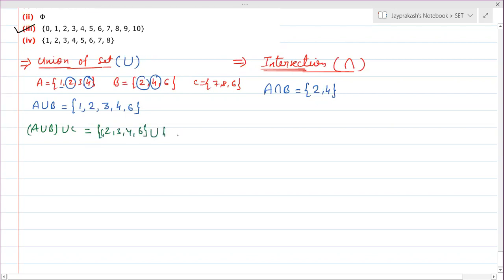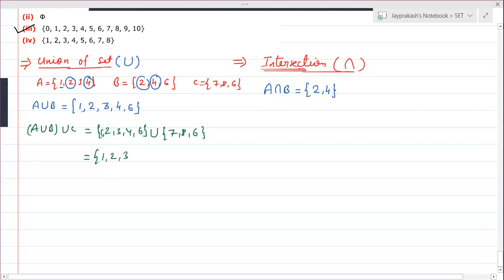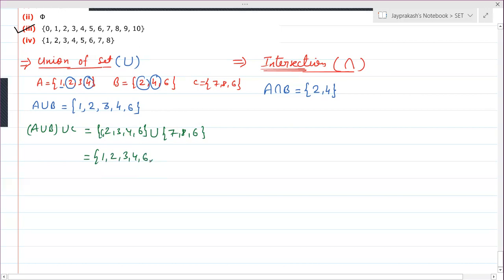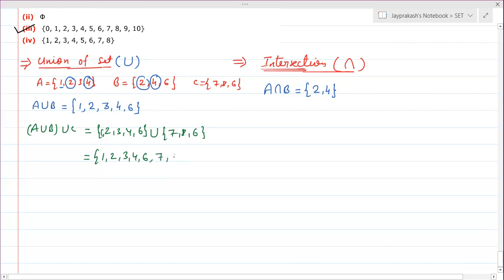Then union with C. C means 7, 8, 6. As you know, all the elements you have to write whether it is in A or in B. If it is repeating, then you write it as a single number. So 1, 2, 3, 4, 5 is not inside both sets, so 5 is not there. 6 is repeating, but we will write it one time. Then the remaining elements are 7 and 8.